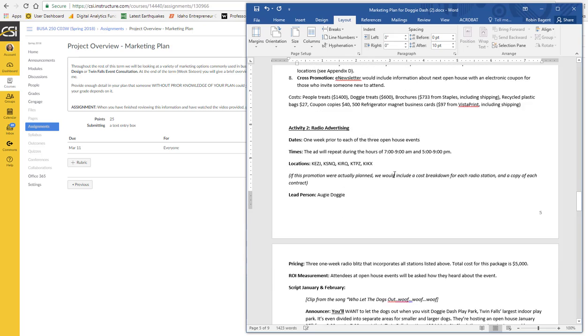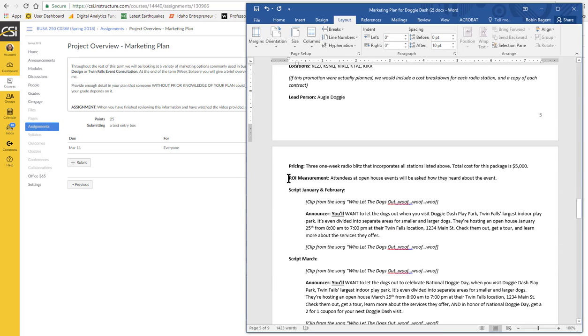Make sure that in each one you include return on investment measurement. How will you determine if that event was successful? So you need to be able, at the end of your 3-month period, to answer specifically and measurably, was that activity a success?